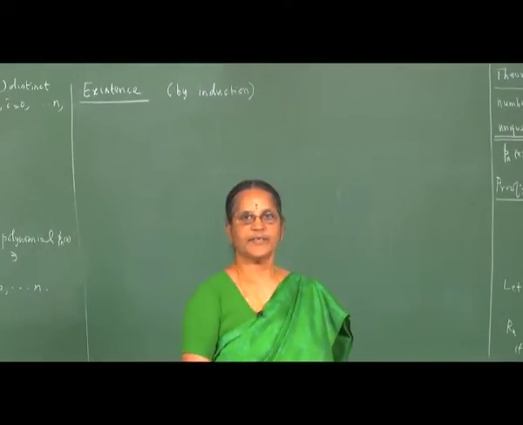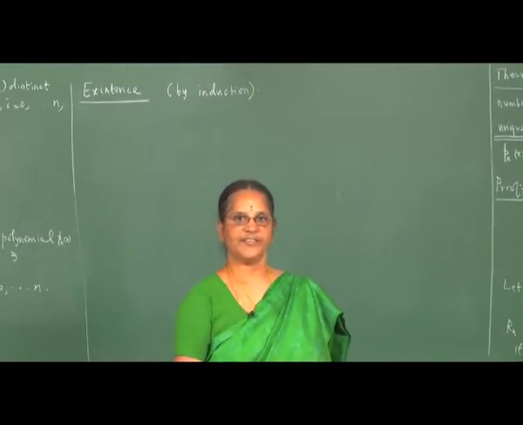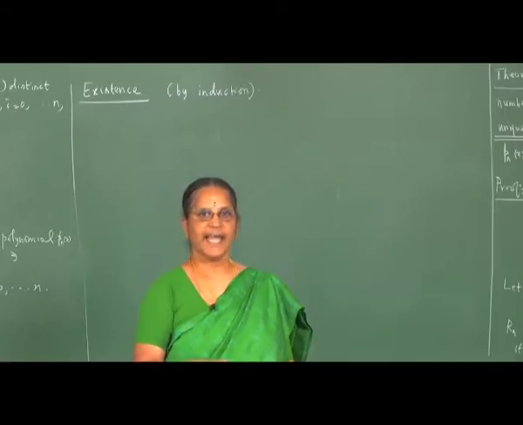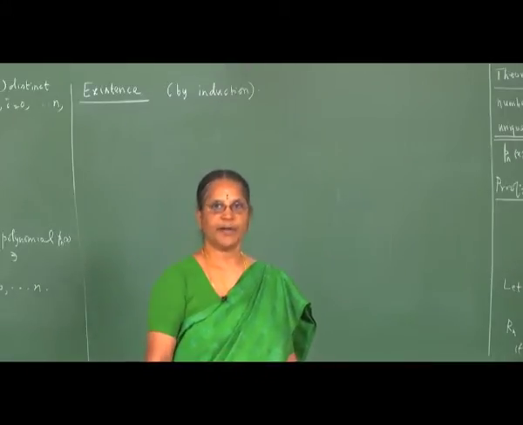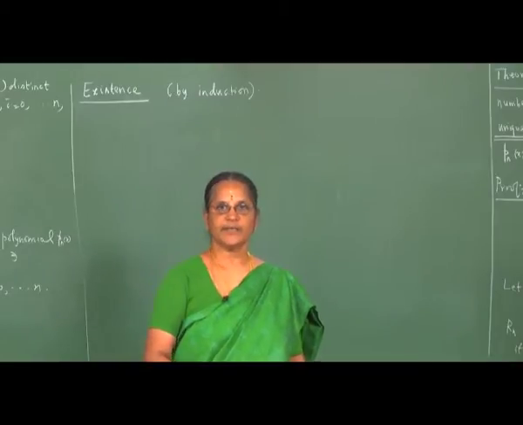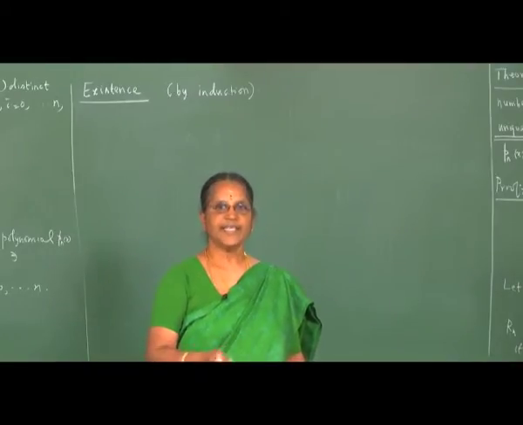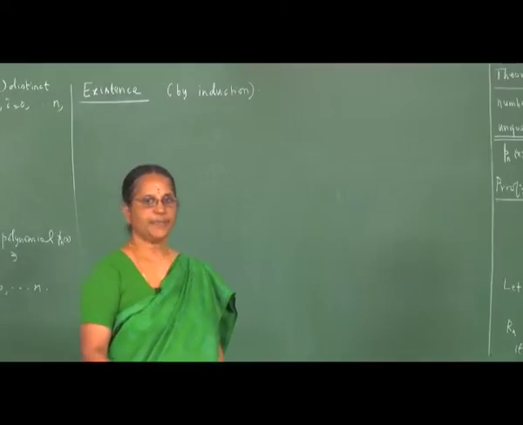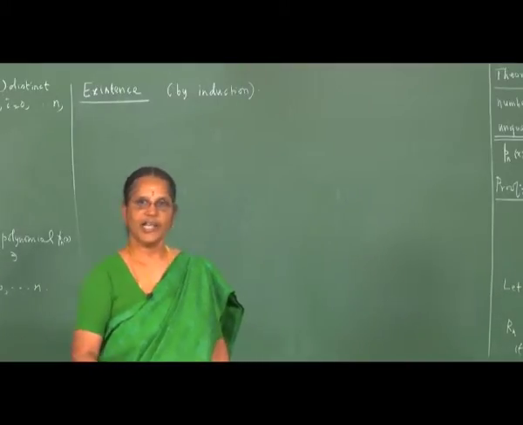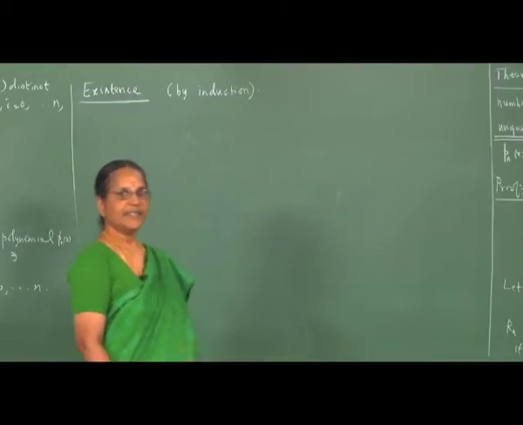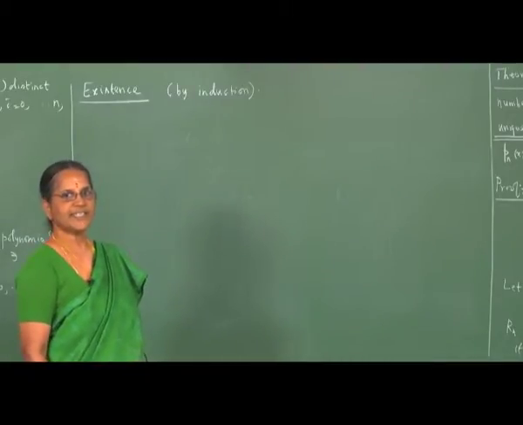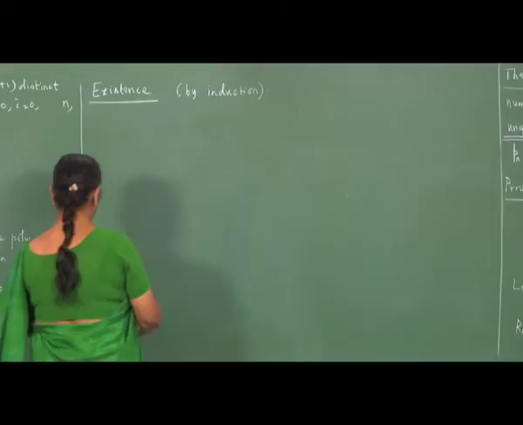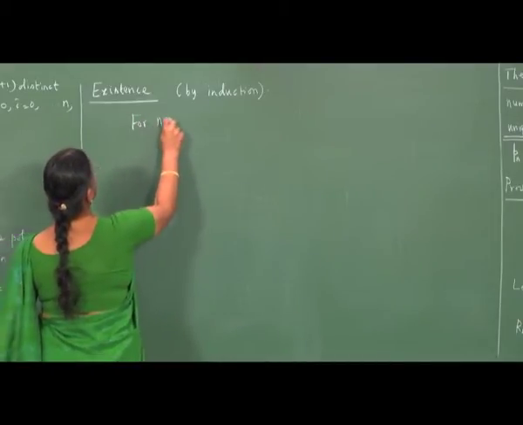We first show that there exists a polynomial of degree 0, and if we have a polynomial of degree k that satisfies the given property, then we show that there exists a polynomial of degree k plus 1 satisfying the property, and hence by induction the result is true for all n, and the proof is complete, and thereby we would have shown the existence of such a polynomial that interpolates the function. So, let us start with n is equal to 0.